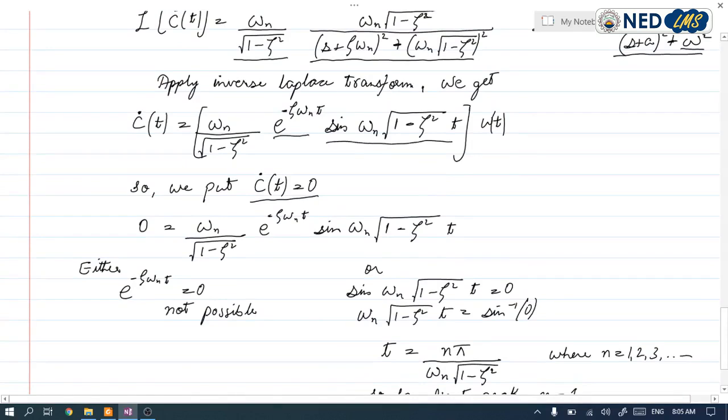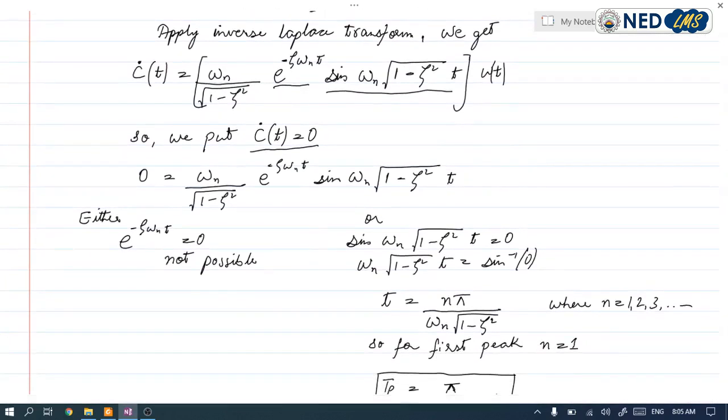We make both these functions equal to 0, and here we see that the antilog of 0 is equal to infinity, so we cannot evaluate the time term from this equation, so we will use this term to evaluate the value of time.